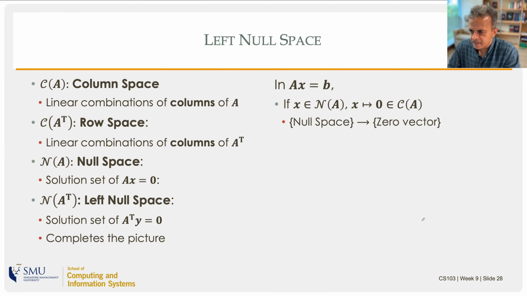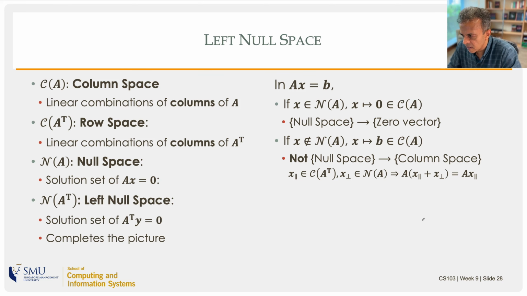Now, if X is a member of the null space, then it gets transformed to a B that is 0, which of course is a member of the column space because 0 is a member of all subspaces. So the null space will transform to the 0 vector.